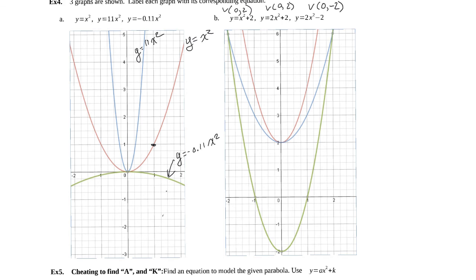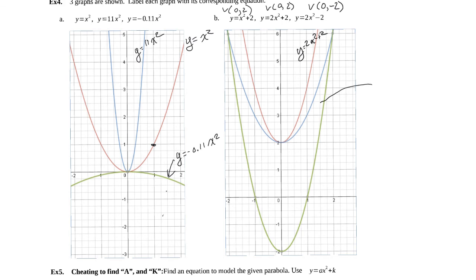Now, we just have to figure out which graphs represent the skinnier graph. So this is a skinny graph. Its vertex is at 0, 2. So that means it's either this one or this one. So the skinniest graph has to be this red one. So this red one is y is equal to 2x squared plus 2 because it's the skinnier of the other one.